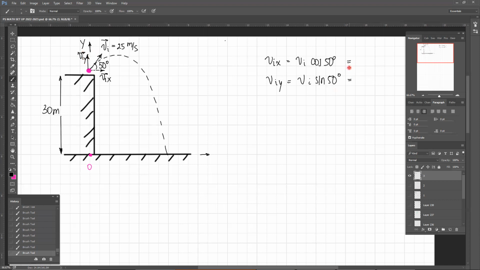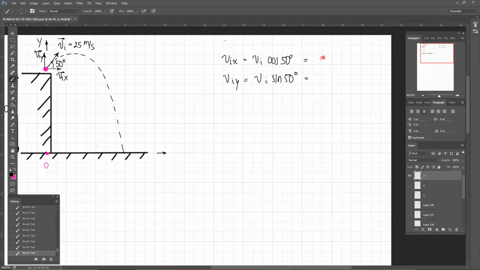So we have v initial at 25 cos 50. Looks like it is 16 meters per second. And here, 25 sin 50 at 19 point something meters per second.